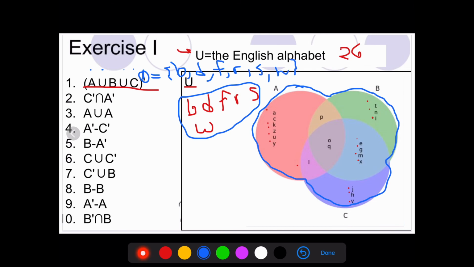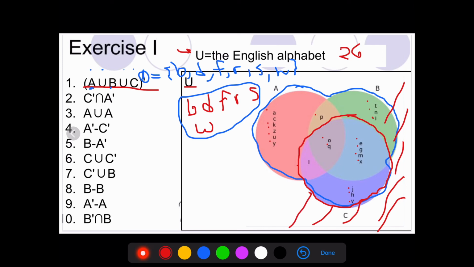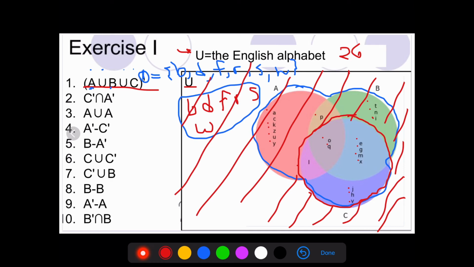All right, next I have the complement of C intersect with the complement of A. So I'm going to use red here to find the complement of C. So here's C. And here's the complement of C. Everything out there, all that red stuff is the complement of C. And I'm going to use yellow for A. Hope that shows up.